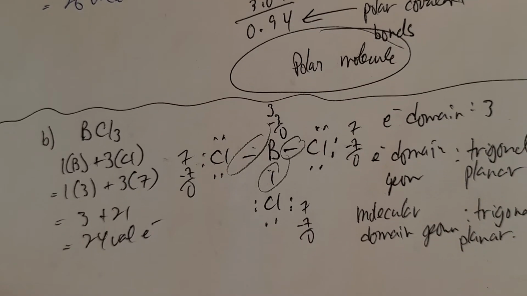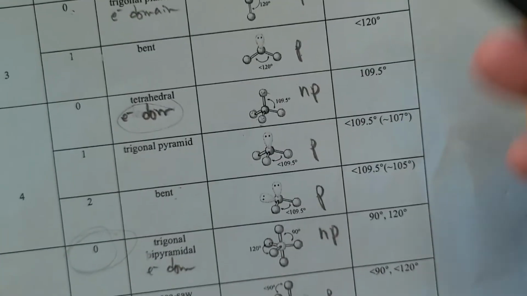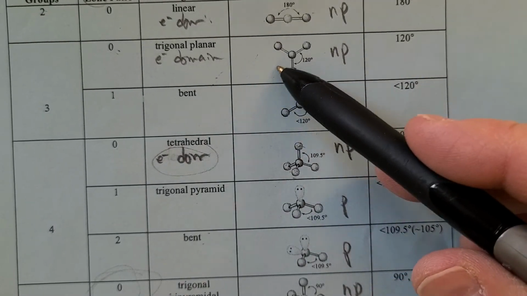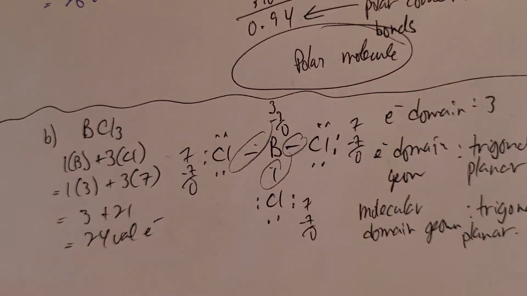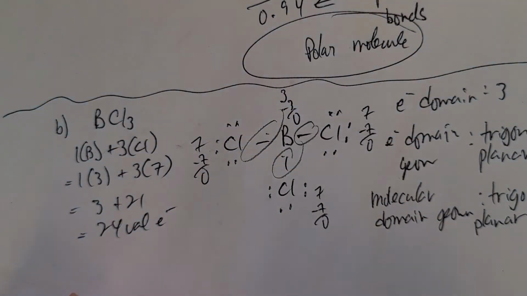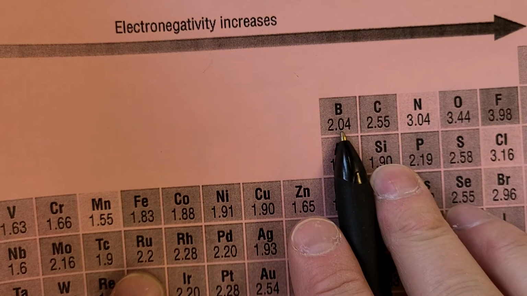I don't even have to look at the polar bonds, but the question that I'm going to give you might say, prove that it isn't, or what are the values. So what we have to do is still look up the electronegativity. Chlorine is 3.16, and boron is 2.04.